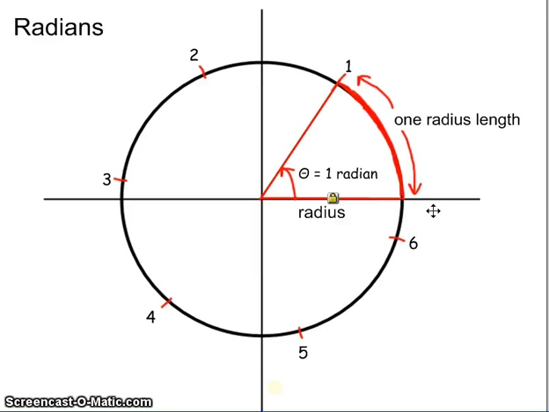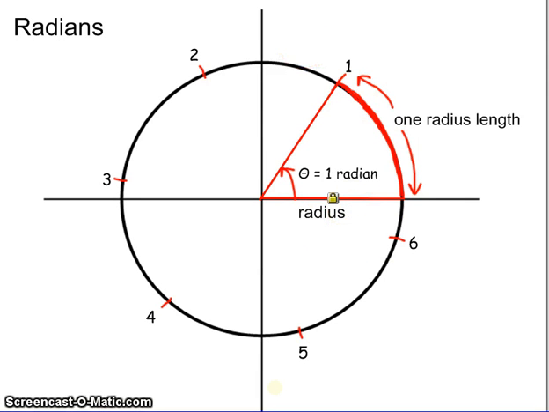So what exactly, if we wanted to find exactly how many radians in the circle, how could we figure out this amount? And the answer comes from geometry. Let's say that the radius is equal to 1.